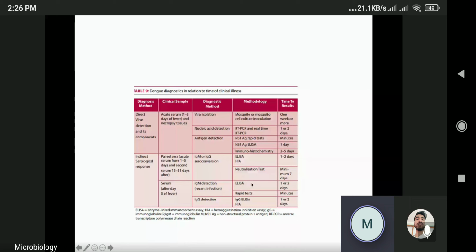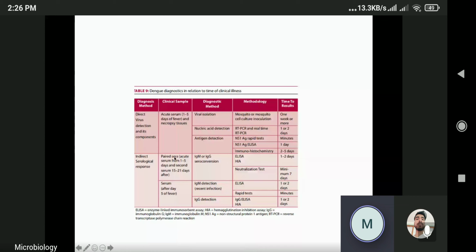If we are getting IgM, then we can say the patient has a recent infection. Or if we detect the antibody after an interval of 5 to 7 days, and the antibody titer is increasing, then we can say the patient has a recent infection. In this way we can diagnose the case.